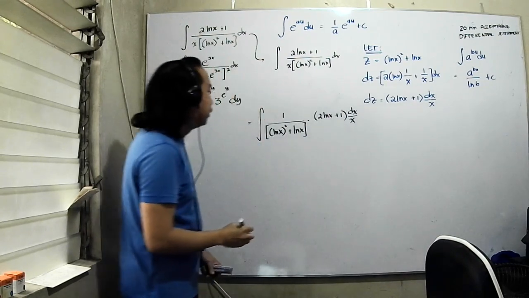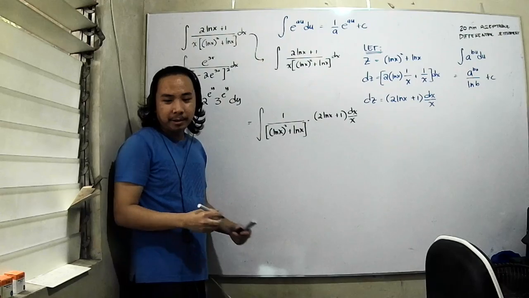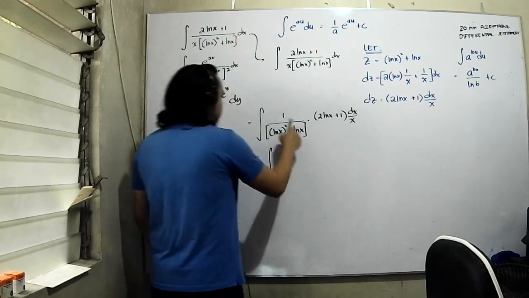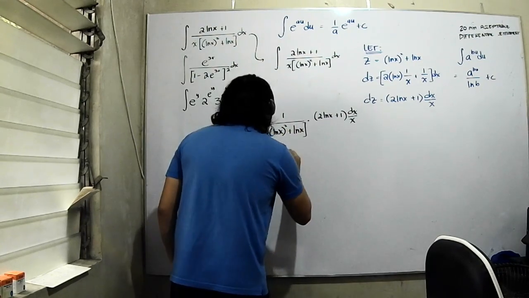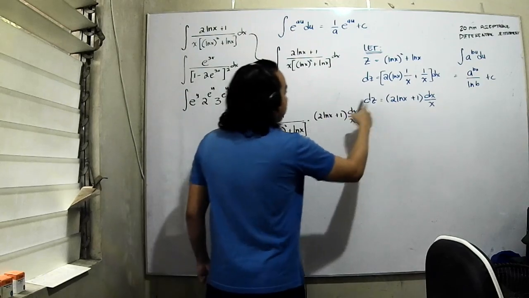Right? I didn't violate anything here. Now this automatically becomes z, and this becomes dz.